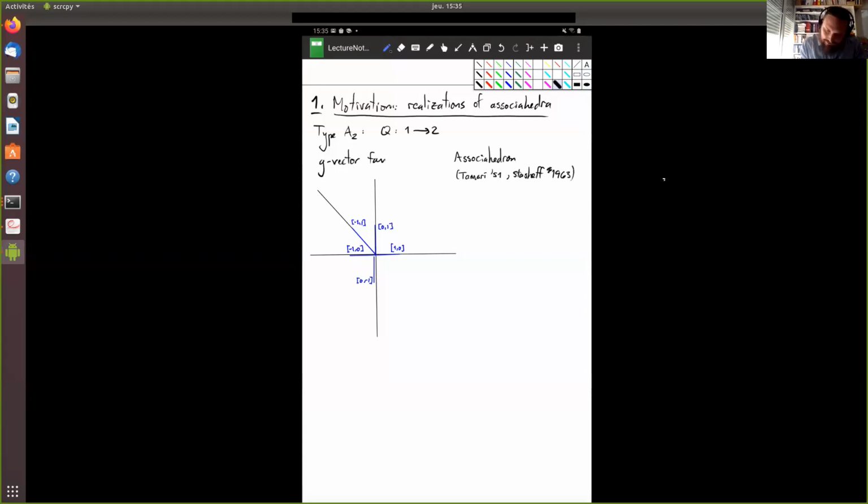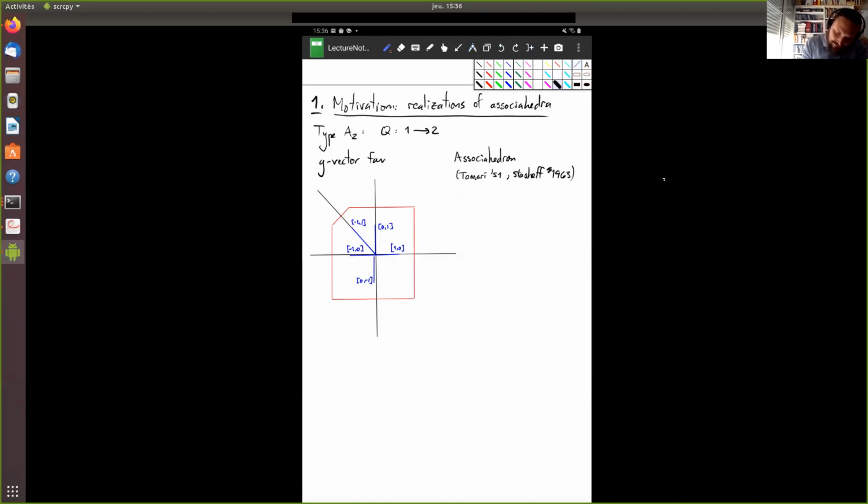And you can geometrically realize it on this picture. The way you do this is that you draw a polytope such that the G vector fan is the normal fan of the polytope. So let me draw one example like this. You can do it by hand very easily on this picture. Like so. There we go. So the associahedron has a geometric realization. This is what we'll be looking at today.